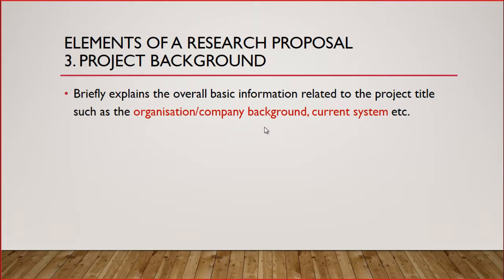The keyword is briefly. You do not want to explain too much. We don't want 2 or 3 pages of things. So briefly explain the overall basic information related to the project title, such as the organization, company background, current system, etc. Okay, if there is any.